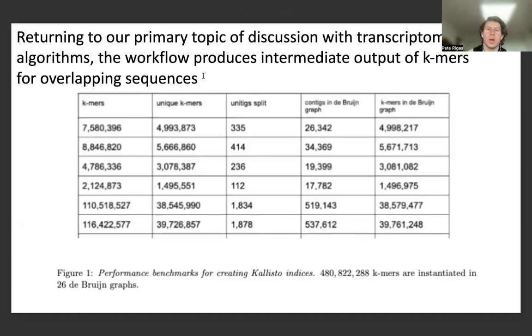But returning to our primary topic of discussion, the transcriptome assembly workflows and algorithms, the workflow that we are talking about describes several types of graph structures and visualization, which we have to keep in mind when looking at different properties and characteristics.